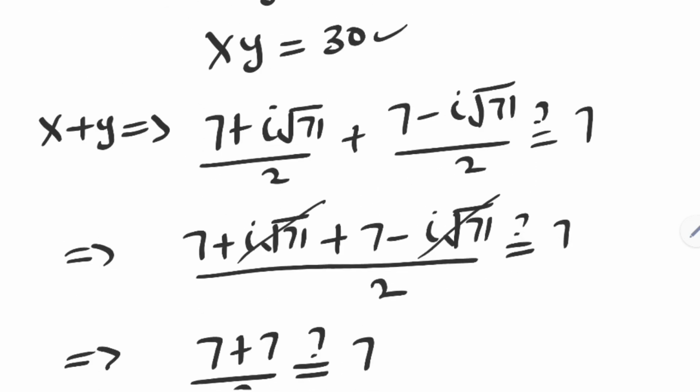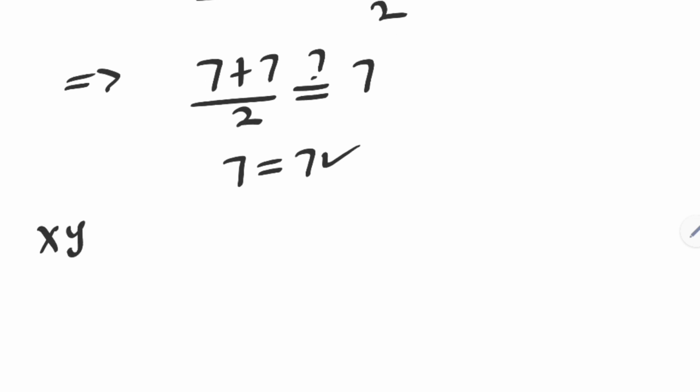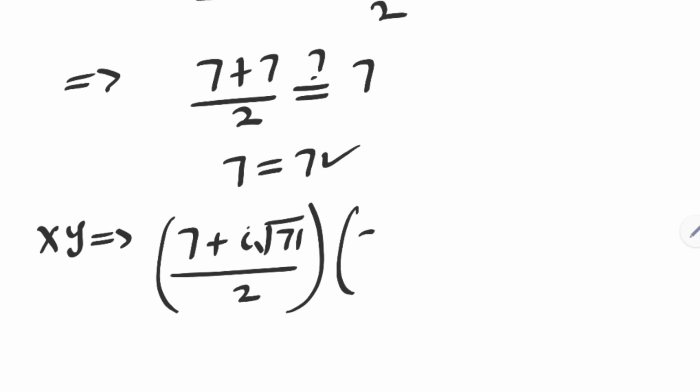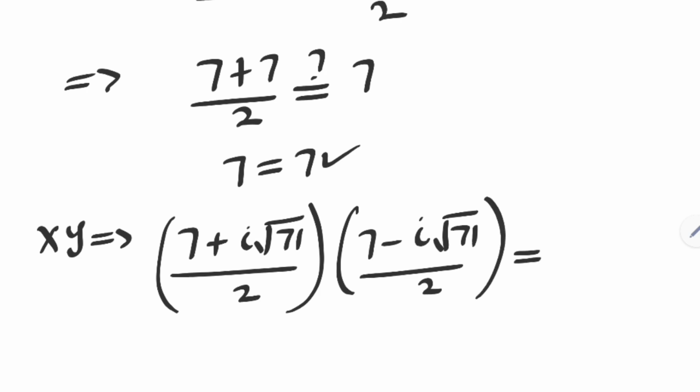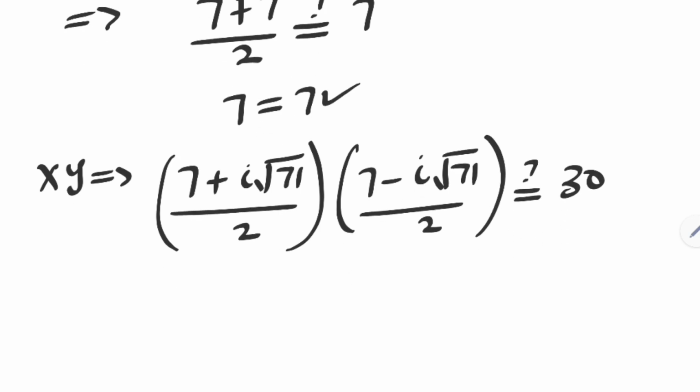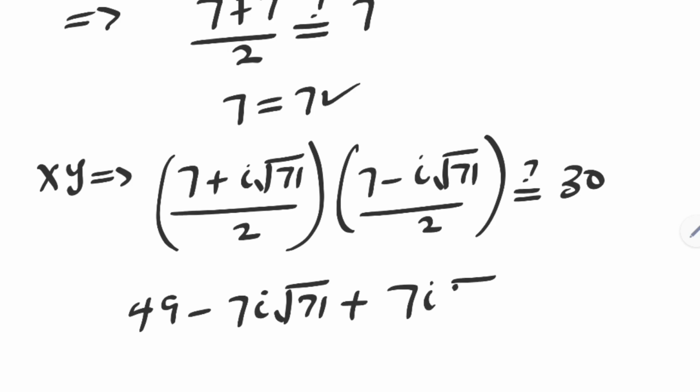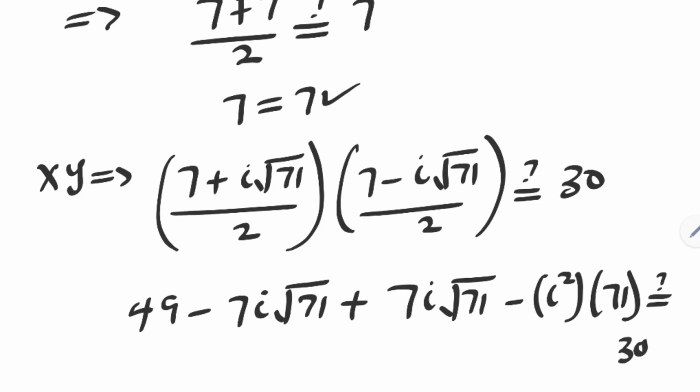Now let us consider this. xy can be written as 7 plus i root 71 divided by 2 multiplied by 7 minus i root 71 divided by 2, must be equal to 30. 7 times 7, this is 49, minus 7i root 71 plus 7i root 71, then minus i squared multiplied by 71, must be equal to 30.